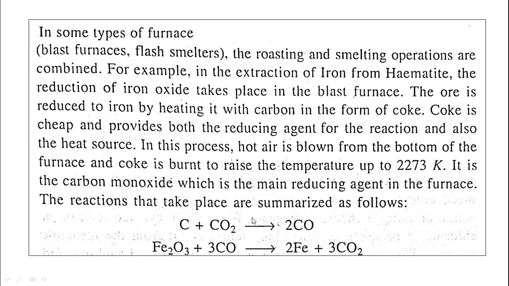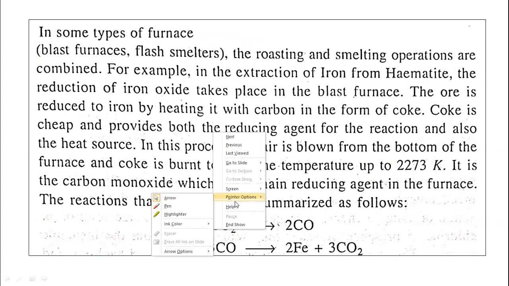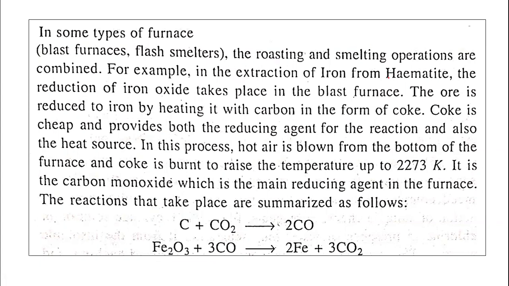For example, in the extraction of iron from hematite, hematite is an ore of iron. The reduction of iron oxide takes place in the blast furnace.